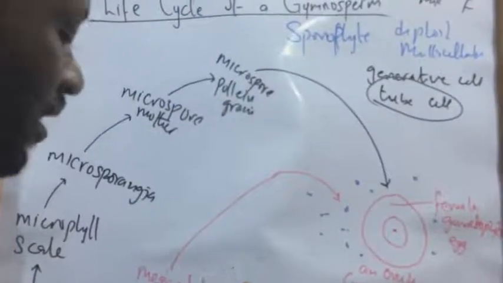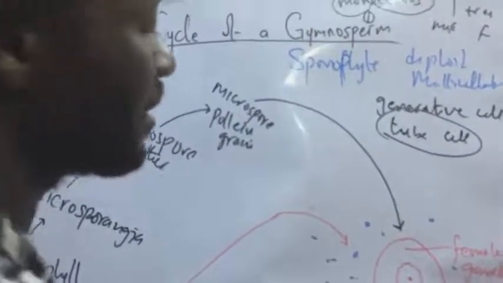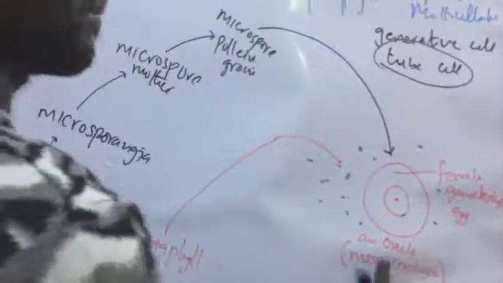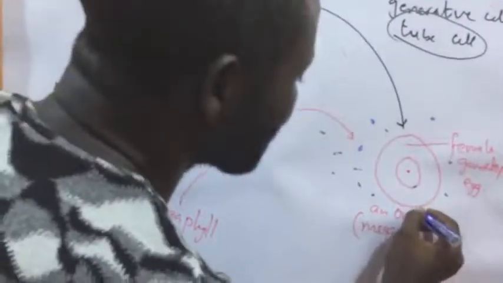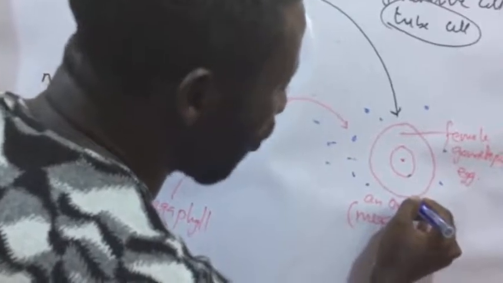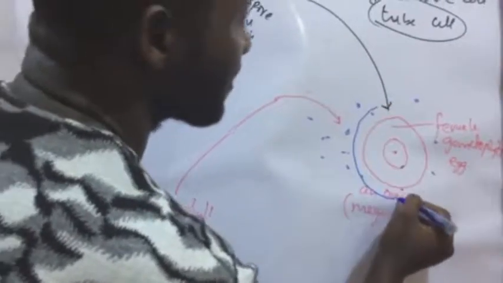The tube cell, the moment it gets here, there is an opening here. In a subsequent lecture, I'm going to draw an ovule the way it looks exactly before fertilization. But what is important here is that there is always a hole here.